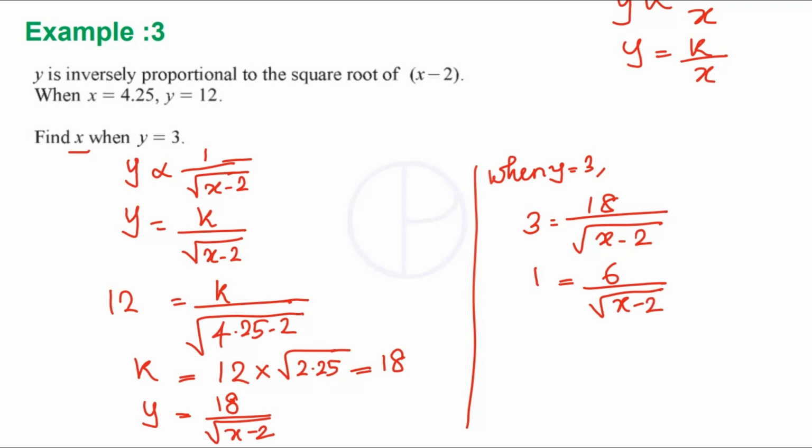Now multiply both sides by square root of (x minus 2). So square root of (x minus 2) equals 6. Now square both sides. So we get x minus 2 equal to 6 square, which is nothing but 36. So x equal to, now add 2 on both sides. So we get x equal to 38.